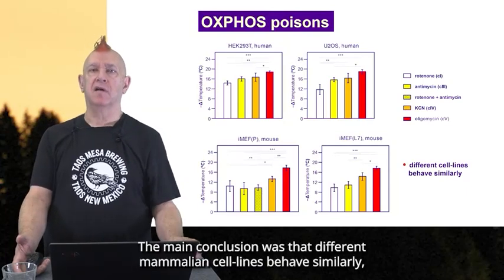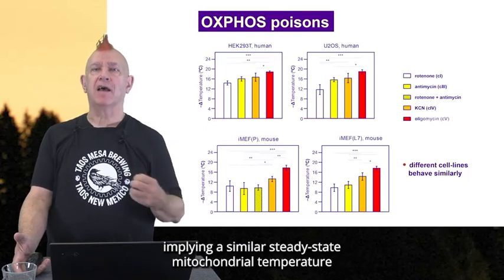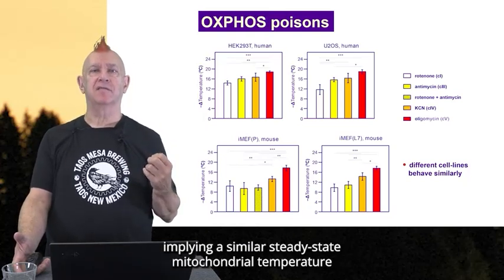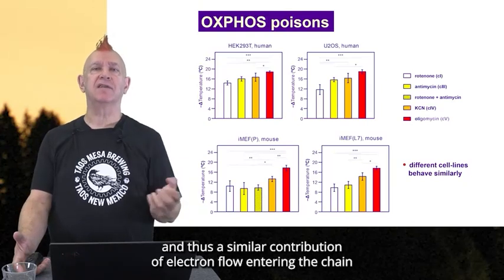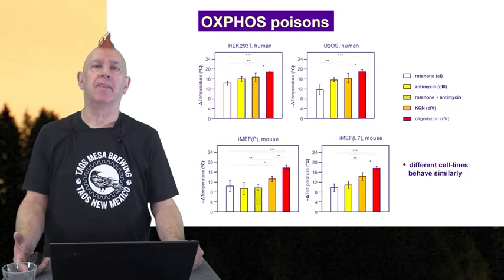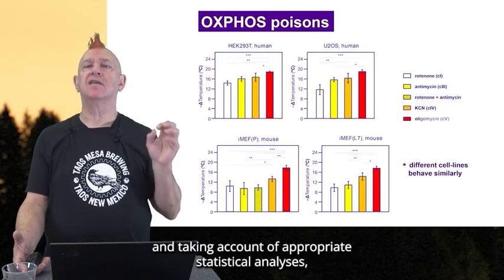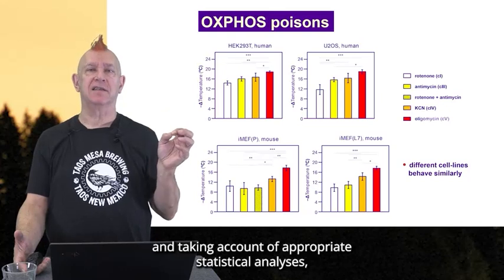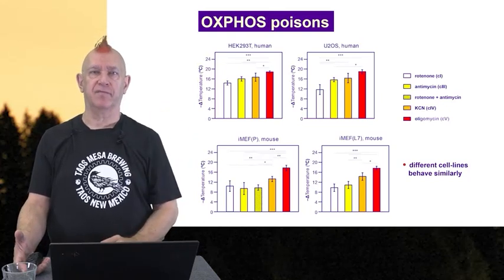The main conclusion was that different mammalian cell lines behave similarly, implying a similar steady-state mitochondrial temperature, and thus a similar contribution of electron flow entering the chain at different positions in different cell types. However, looking at the data in finer detail and taking account of appropriate statistical analyses, we can see some nuance in this broad conclusion.